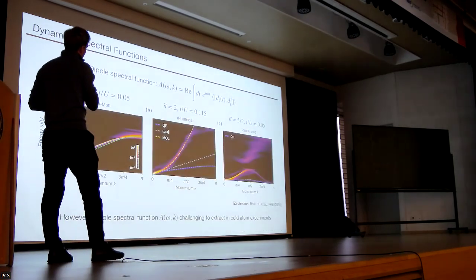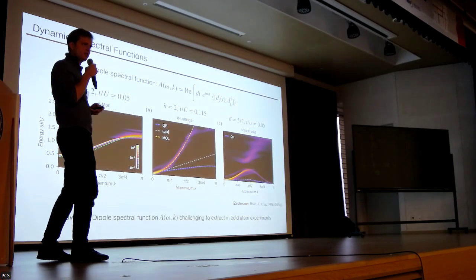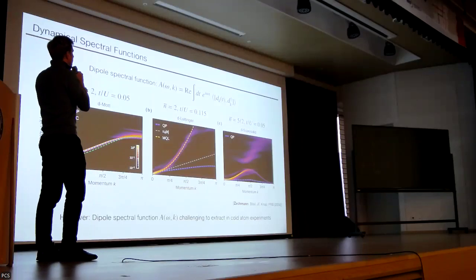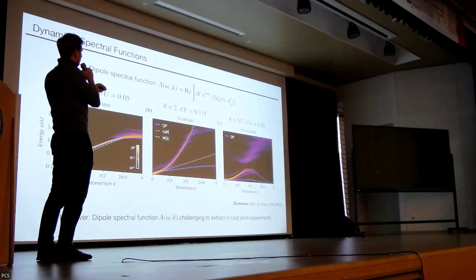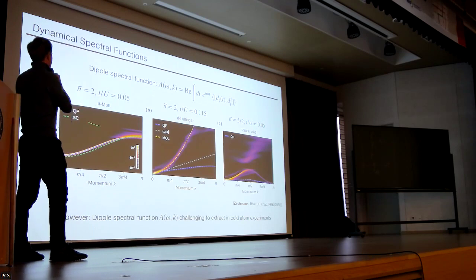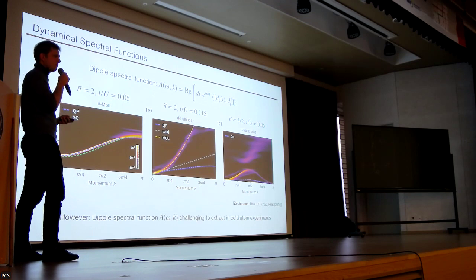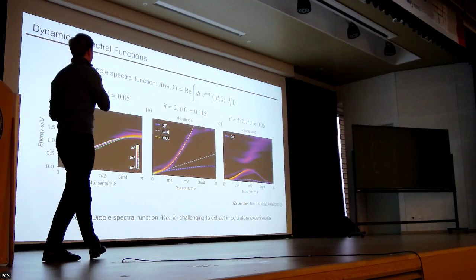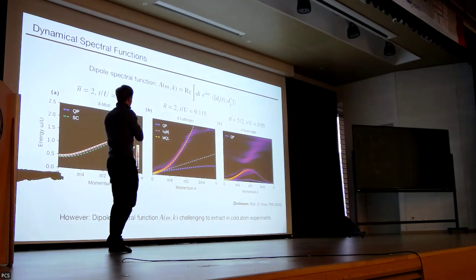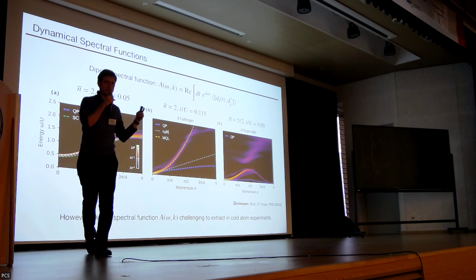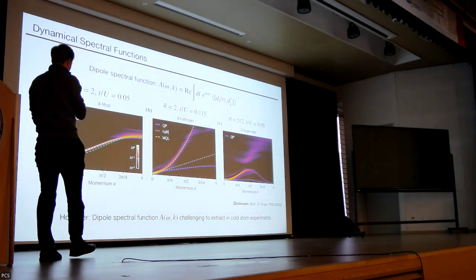So this is also apparent when we look at dynamical quantities, which we can compute in our MPS framework. In particular, we can compute the spectral function of the dipoles. And then we see, okay, here in the Mott state, everything is as we would expect. We get a nice gapped out cosine band. In the Luttinger liquid, we already see that although this dispersion goes towards zero momentum in a linear way, there is this quadratic part reminiscent of this Lifshitz theory that is clearly observable already here.